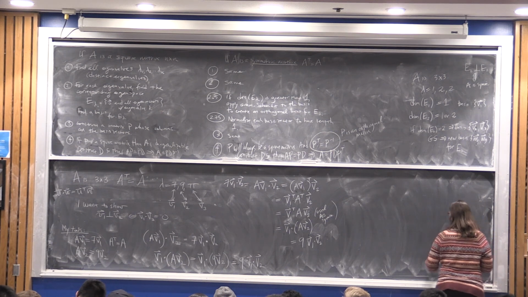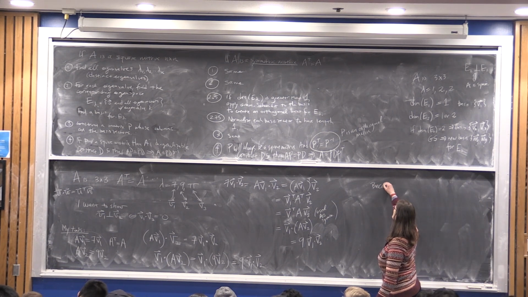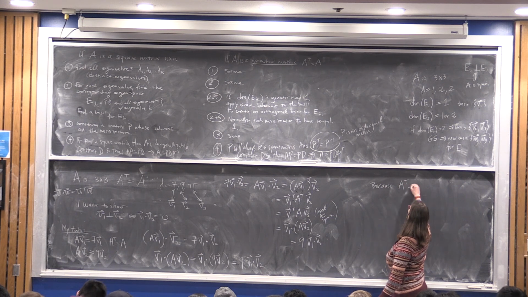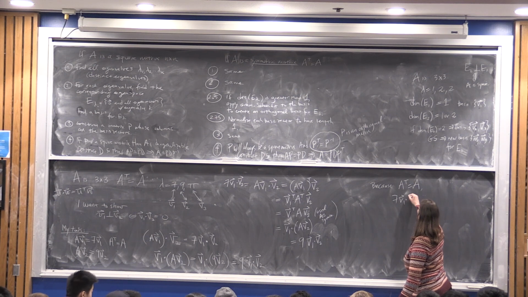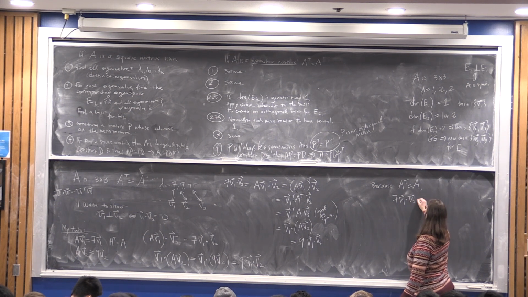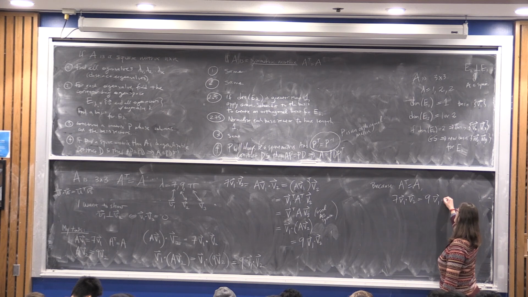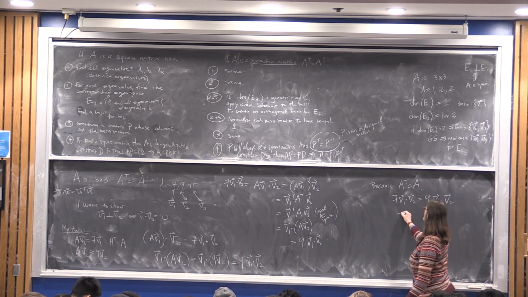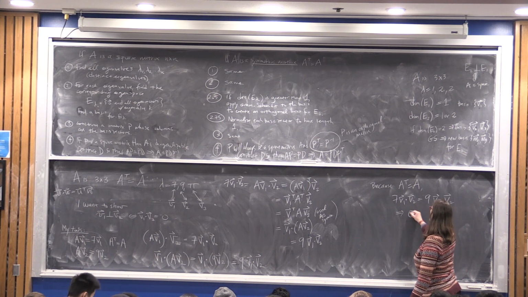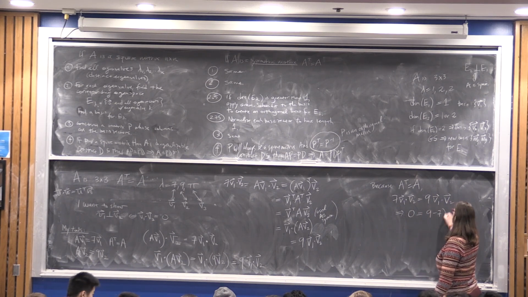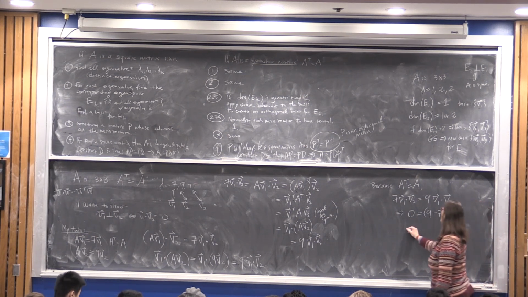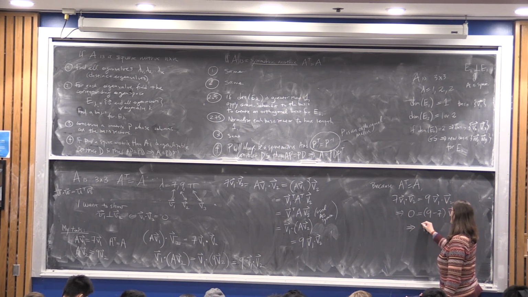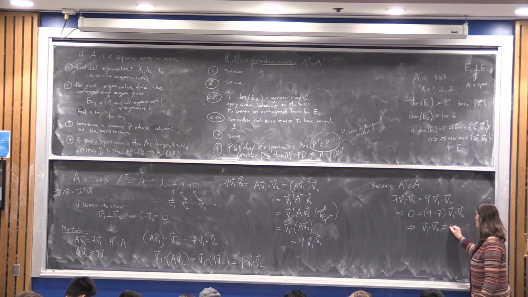So what I have is, because A transpose equals A, 7 times V1 dot V2 equals 9 times V1 dot V2. That's the same thing as 0 equals 9 minus 7 times V1 dot V2. And that tells me that V1 dot V2 equals 0.